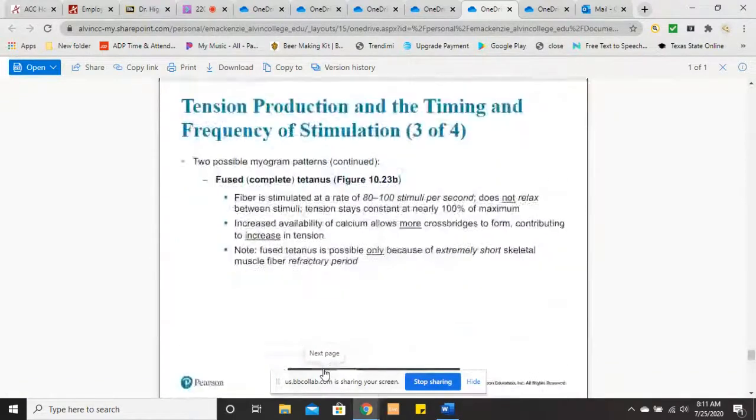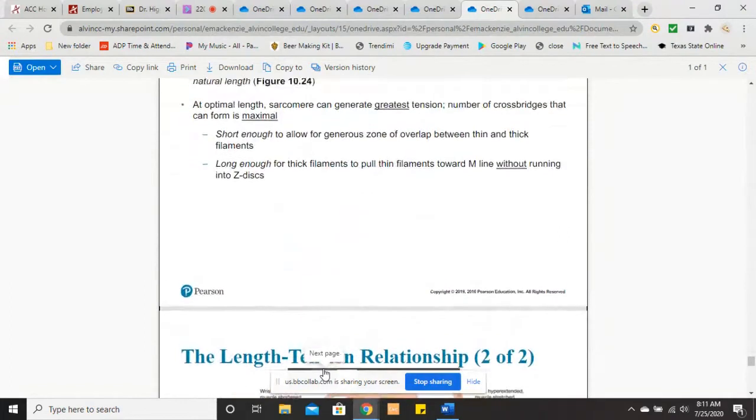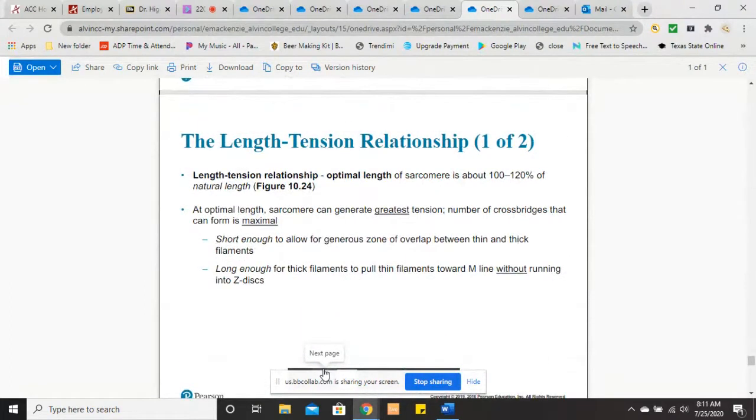So let's look at some of these things. Let's go. This is mentioning the length-tension relationship I mentioned before. If the length of your sarcomere is anywhere between 100, sorry, not 80, anywhere between 100 and 120% of its natural or maximum length, that's a good distance. You spaced out all the myosin heads and the actin to give them enough room to overlap, so you'll get your maximum contraction.